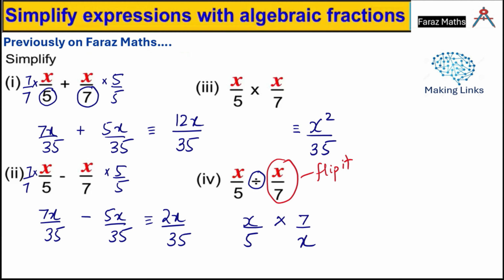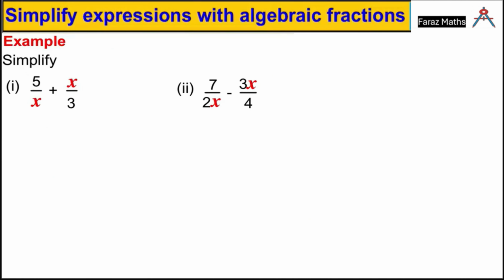So it will become 7 over x. Now x cancels with x by 1. The same things in the numerator and denominator cancel with each other. Then the answer would be 7 ones are 7, 5 ones are 5, 7 over 5. Okay, coming to the next. Pause the video and try these questions by yourself.